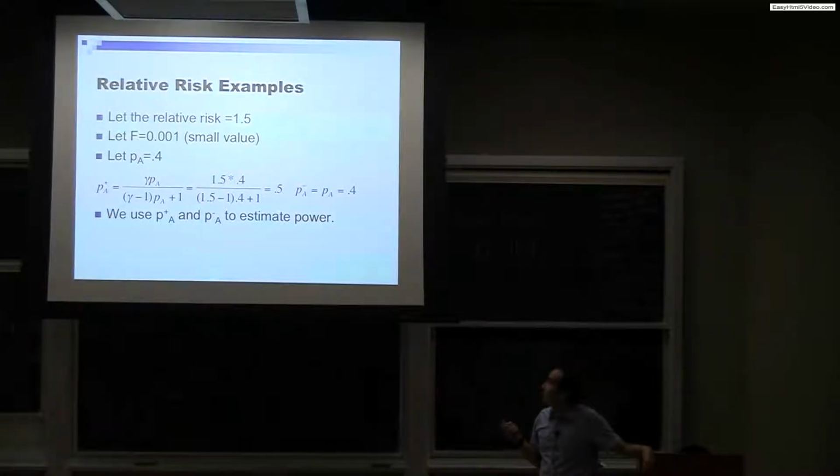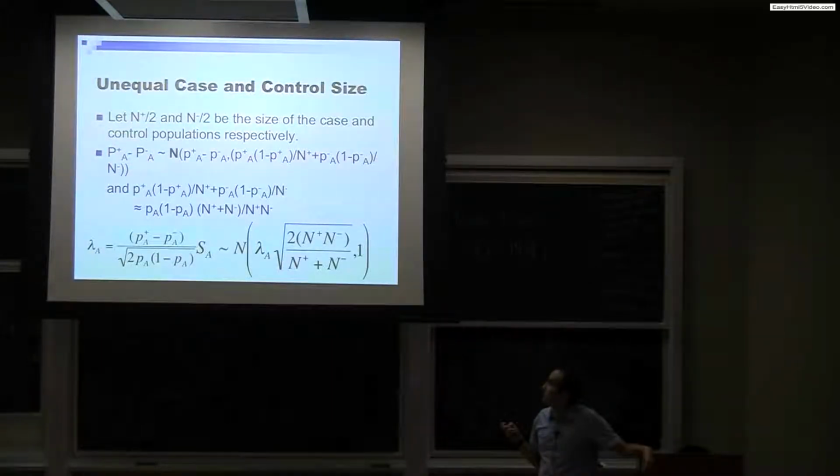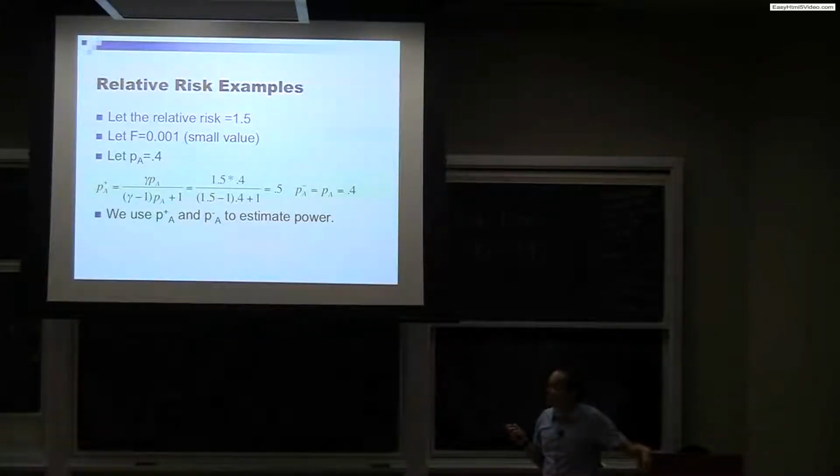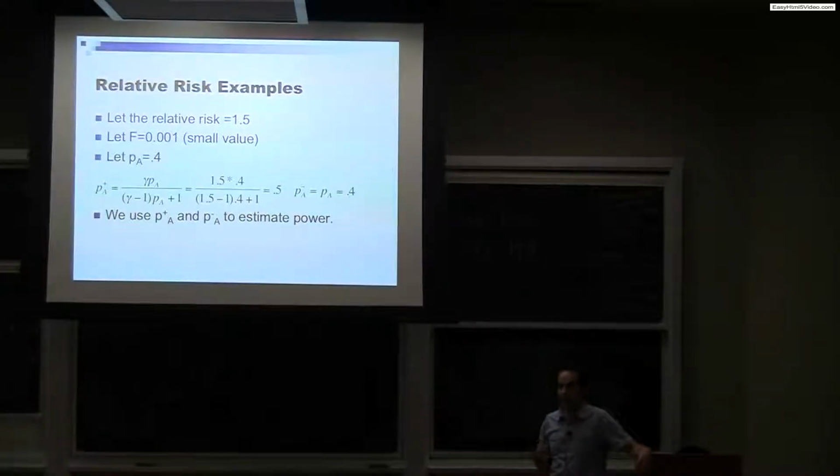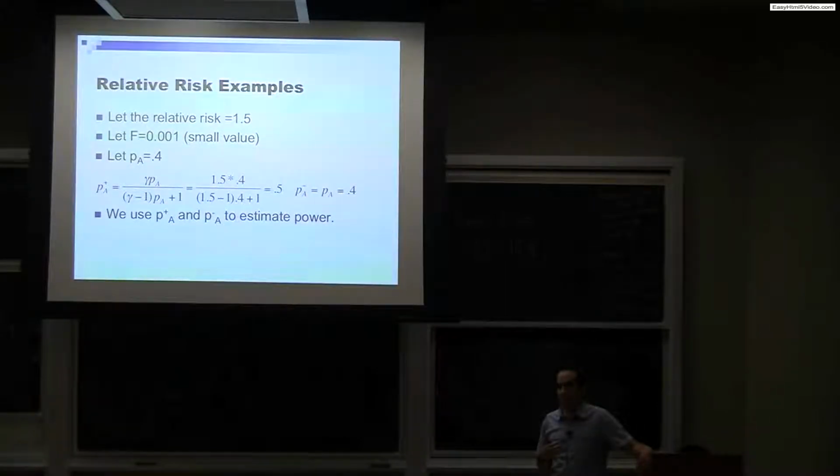Then you get this, this is the case, this is the control frequency, etc. Does that make sense so far? So relative risk is just how you determine the case and control frequencies when you're computing power.